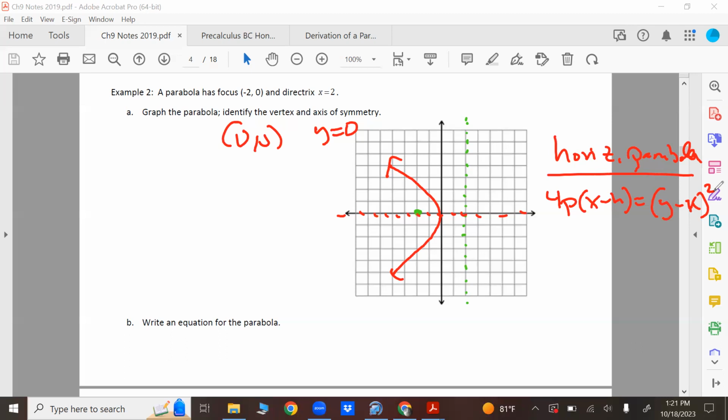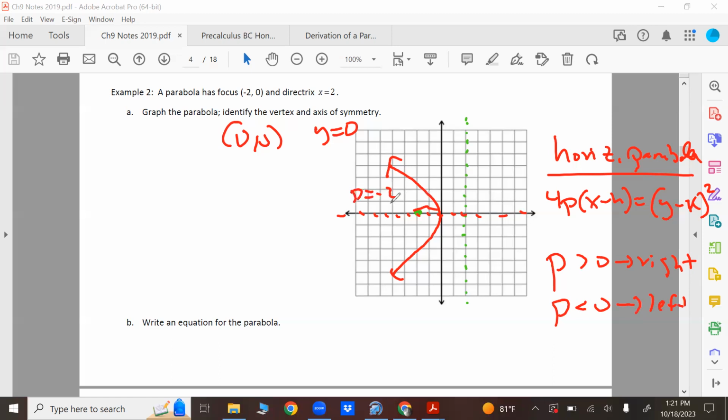That's exactly what we did. Horizontal parabolas are the inverse of vertical parabolas. So what's my p-value here? If p is greater than 0, you're going right. If p is less than 0, you're going left. So p would actually be -2.